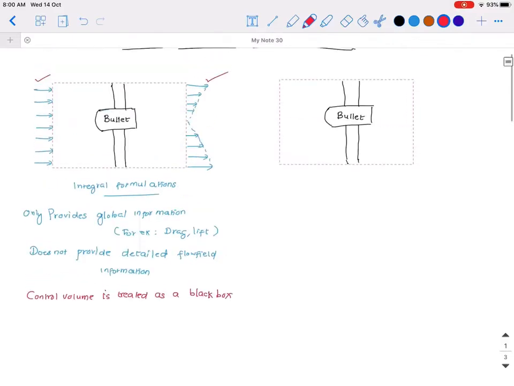We take the control volume for the analysis. We measure quantities on the control surfaces. What is happening inside the control volume, this information is not available to us, because the control volume is treated as a black box here.